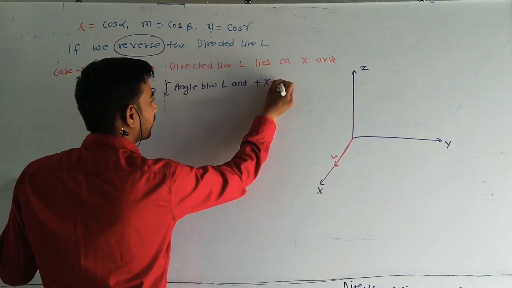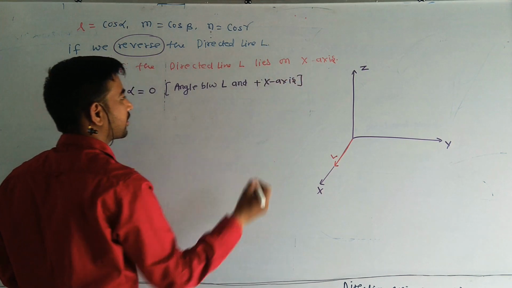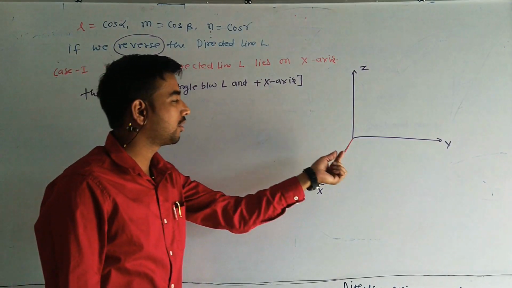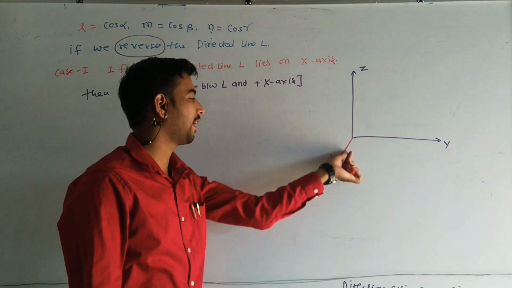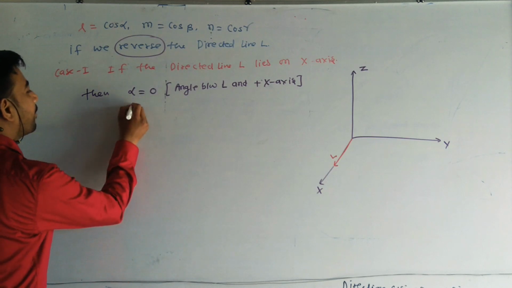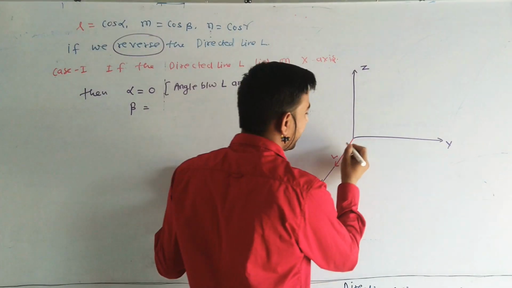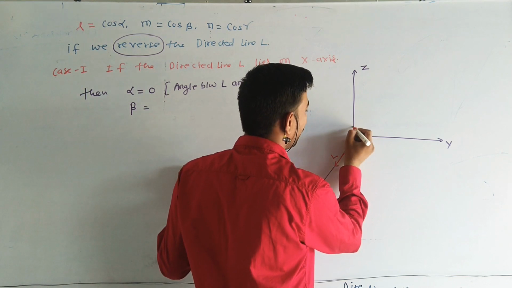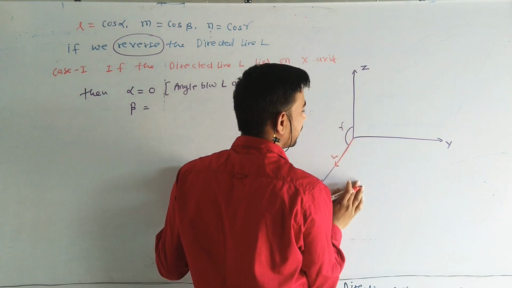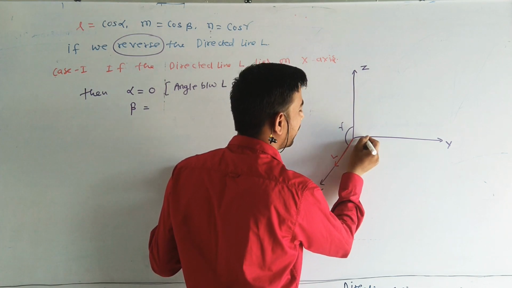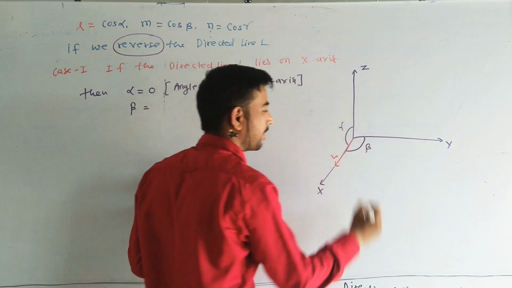I am writing here positive x-axis. So the angle between them is alpha. When L lies on the x-axis, the angle between them is 0. And beta is the angle it makes with the y-axis, and gamma is the angle from z. This one is the beta.